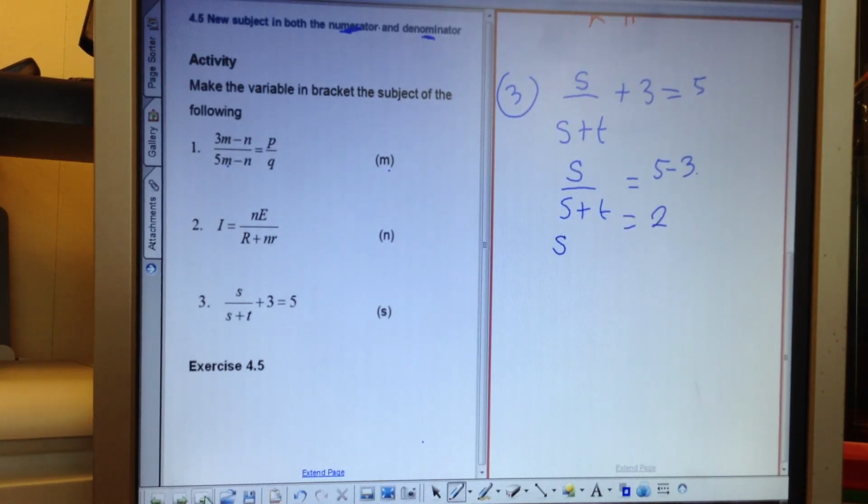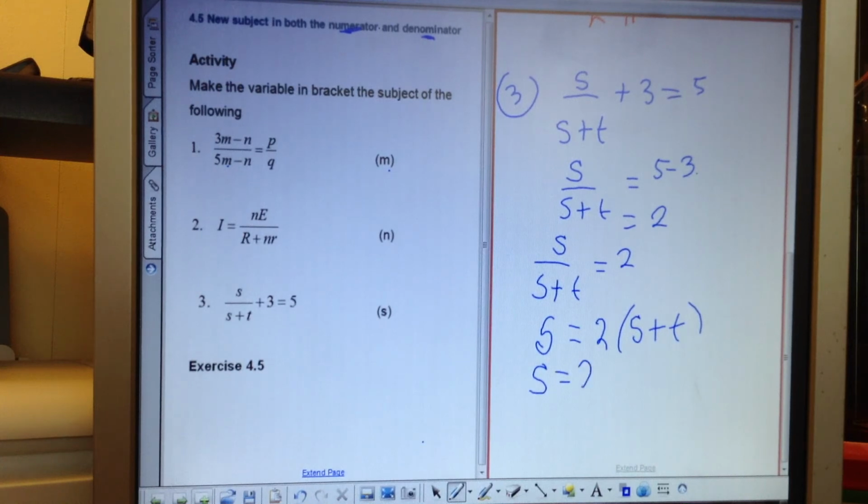We then multiply by (s plus t), so we're left with s equals 2 into (s plus t). But we want to make s our subject, so we have to expand and group the s's. So we're going to get s equals 2s plus 2t.